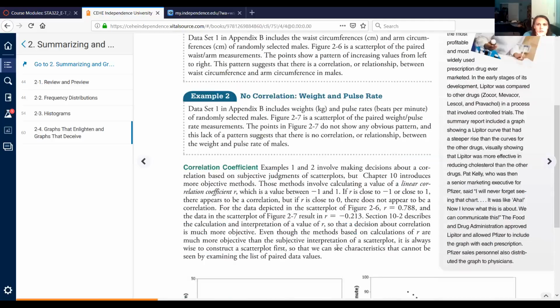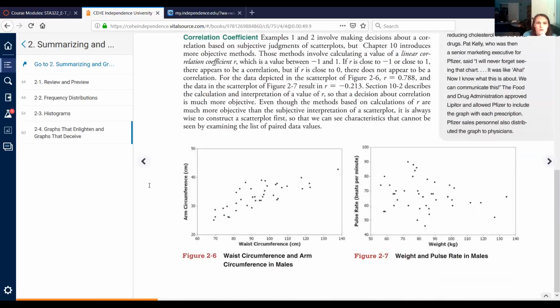Scatter plots. Scatter plots are simply taking the data and plotting it. In this particular case, there was a question as to whether arm circumference and waist circumference in males were related. Each of these points represents one person and their arm circumference and their waist circumference in centimeters. Just looking at it, you're going to say to yourself, well, it looks sort of like they're related.